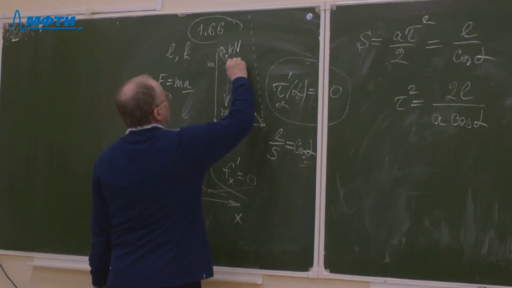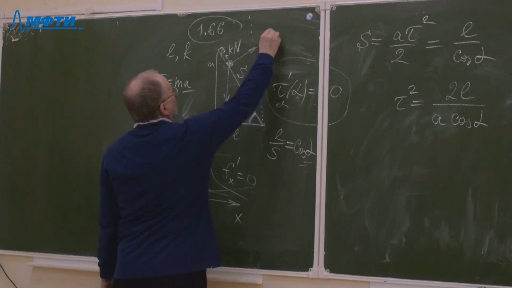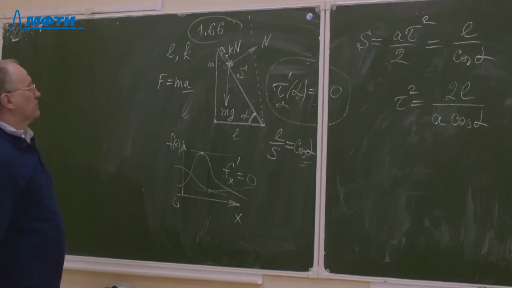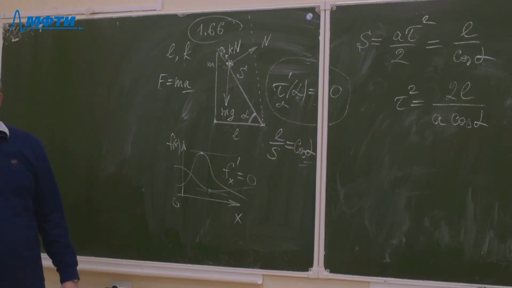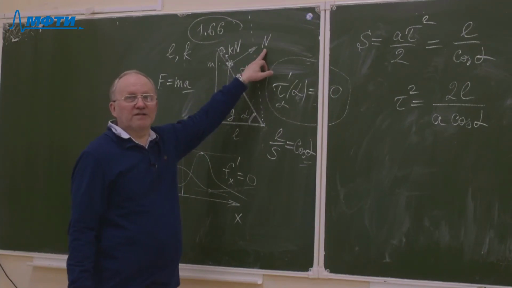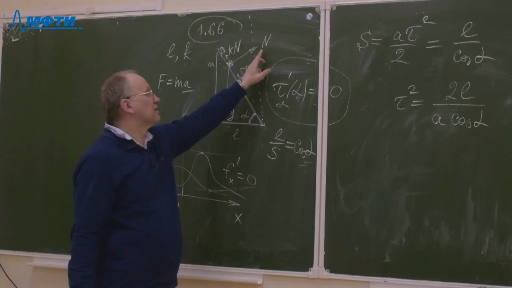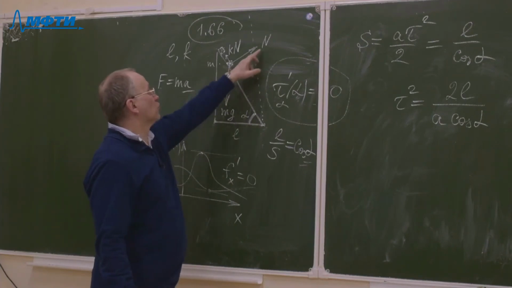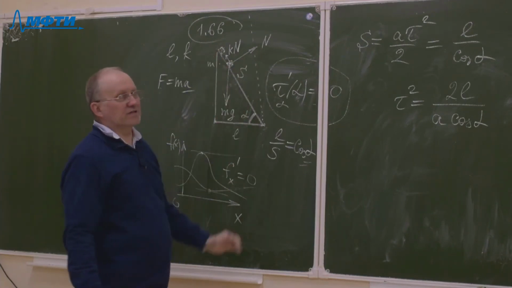The force of normal reaction is always perpendicular to the surface. We know the direction of these forces, but we don't immediately know the magnitude of N. How to find the magnitude of N, the force of normal reaction of the inclined surface?